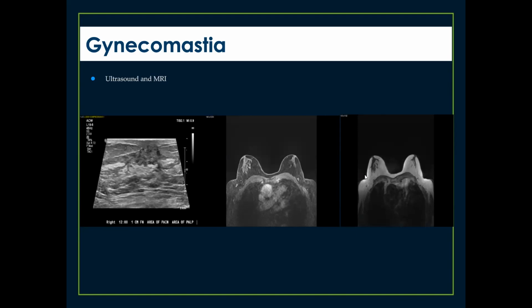So most of the white area here is the fat that we can see on the mammogram. On the contrast enhanced sequence, there was no suspicious enhancement, just some mild background enhancement seen. And so there's nothing suspicious to biopsy.